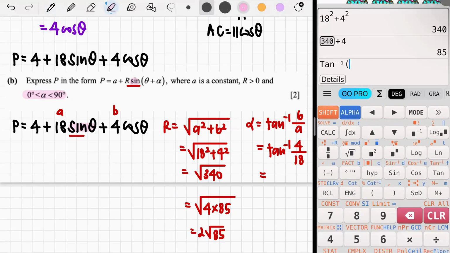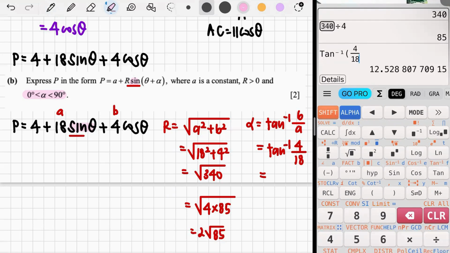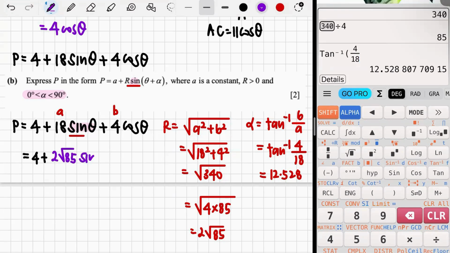So tangent inverse 4 over 18 gives me 12.528. But anyway, usually it's a final answer, so we have 4 plus 2 root 85 sine theta plus 12.5.